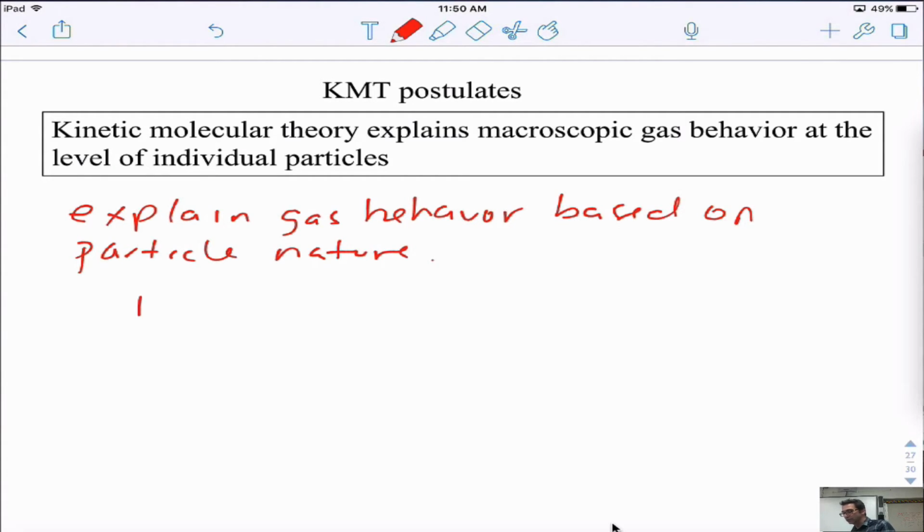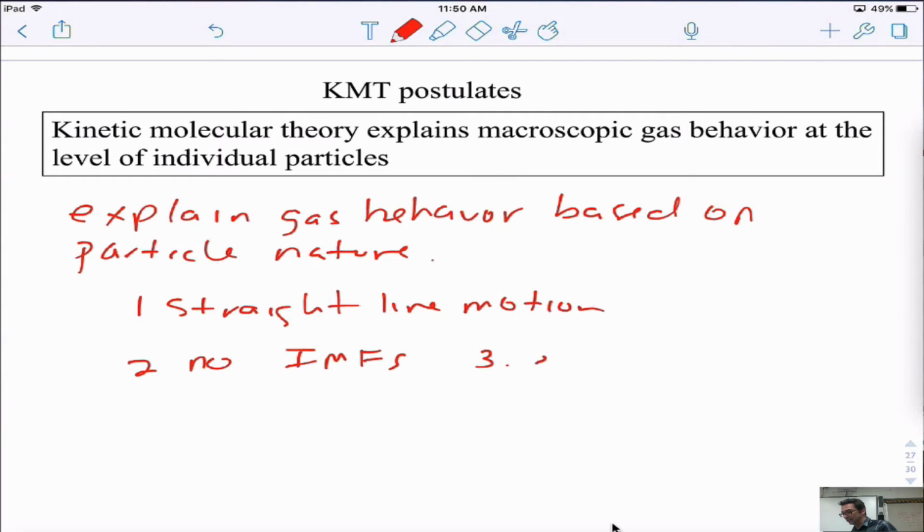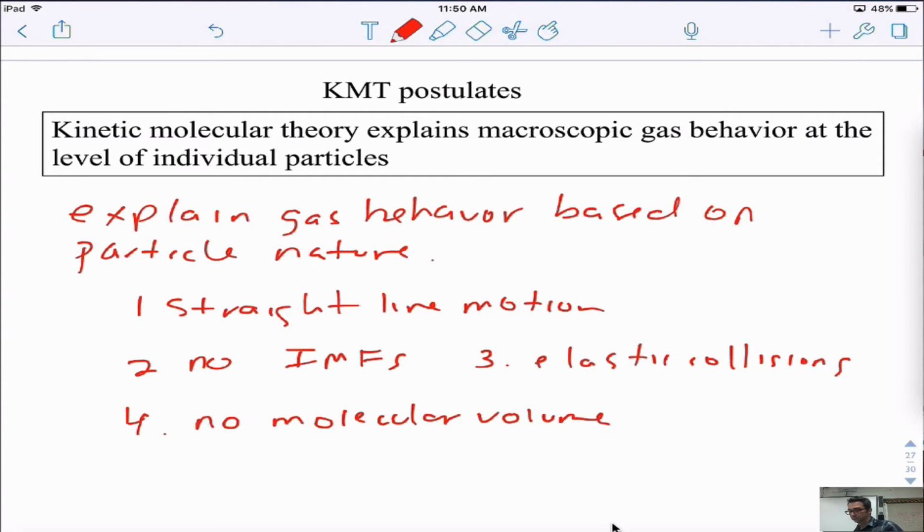So remember, we have the straight line motion, we have no IMFs, we have elastic collisions, we have no molecular volume, and we have the relationship between temperature increasing and kinetic energy increasing.